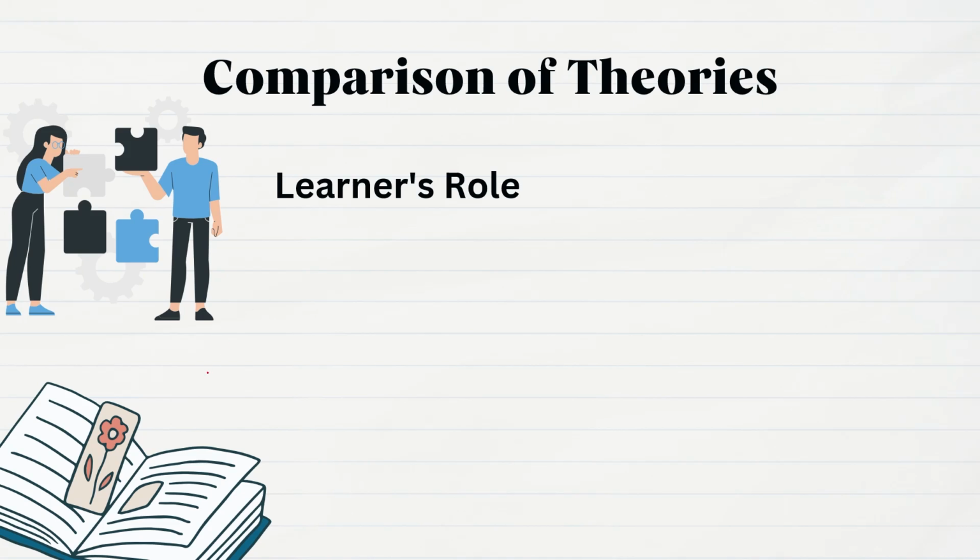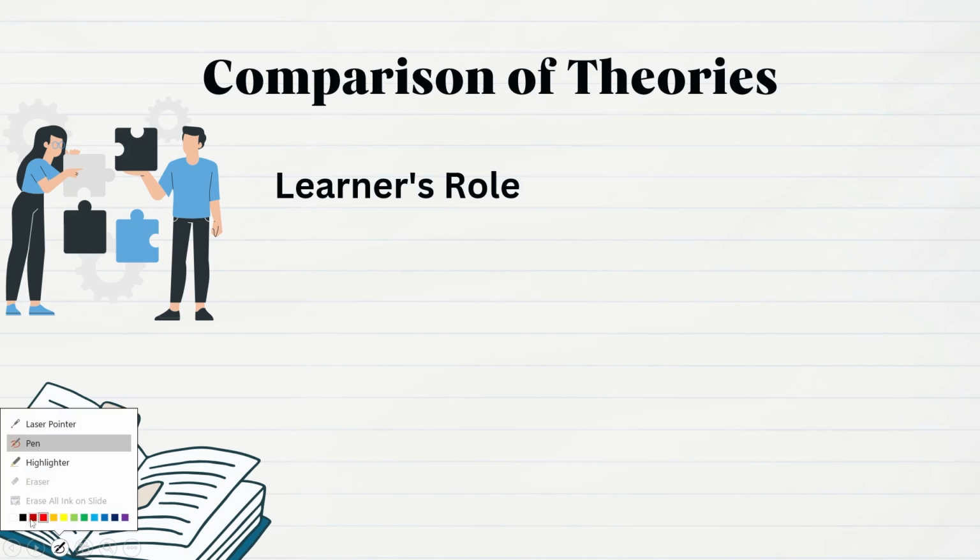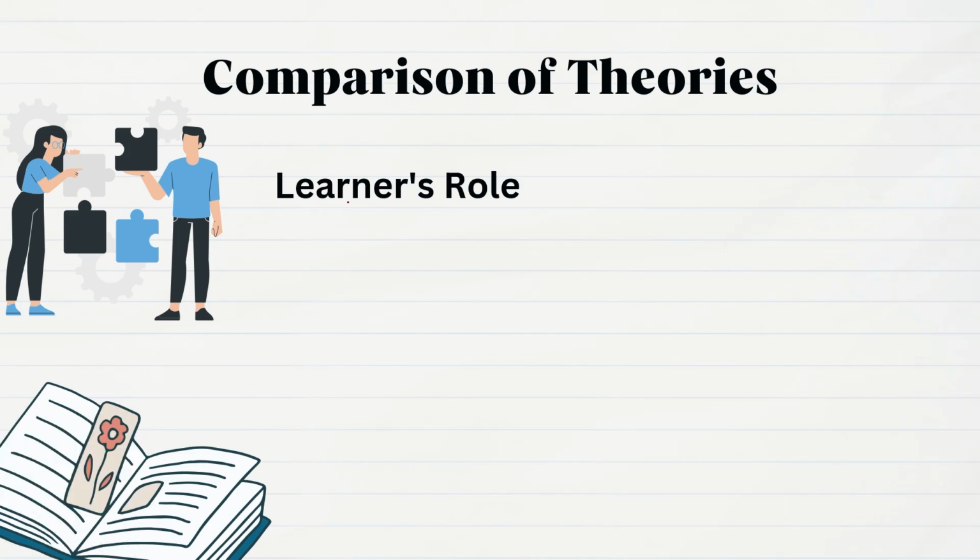So, when we speak of the learner's role, and when we take a look at the associationist theory, we see that the learner is passive. He is responding only to external stimuli.